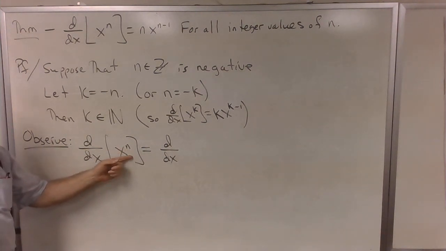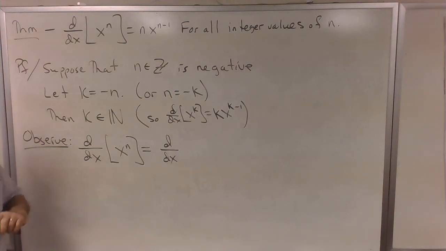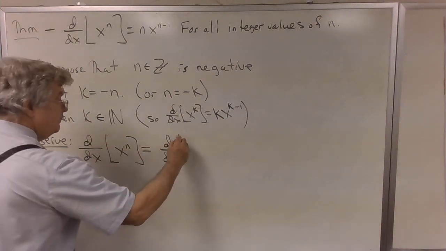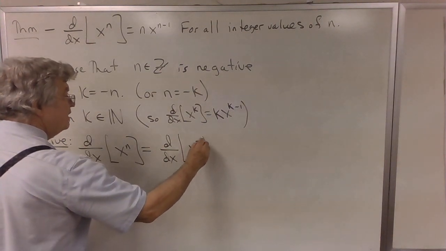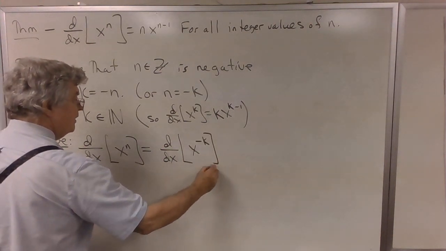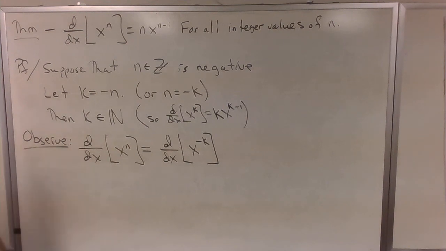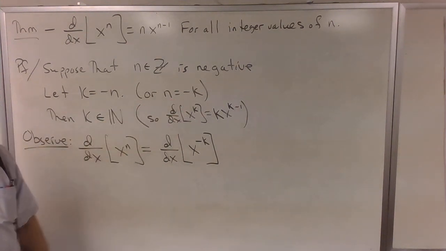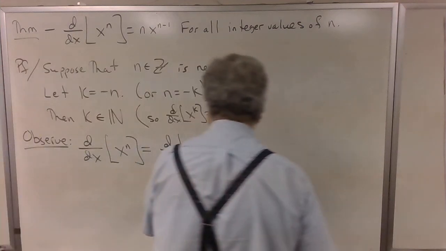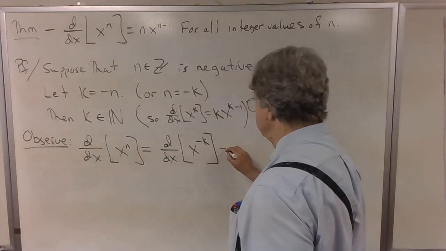So the first thing that we have to do is rewrite this in terms of a positive exponent. Toward that end, I'm going to write x to the negative k, since n is equal to negative k. And this is a negative exponent.